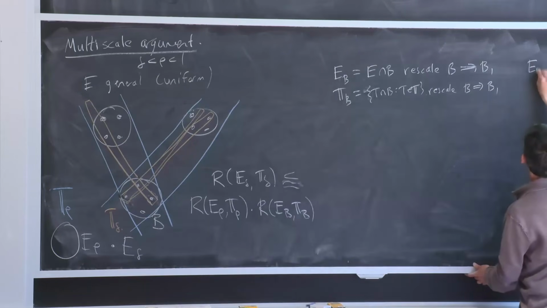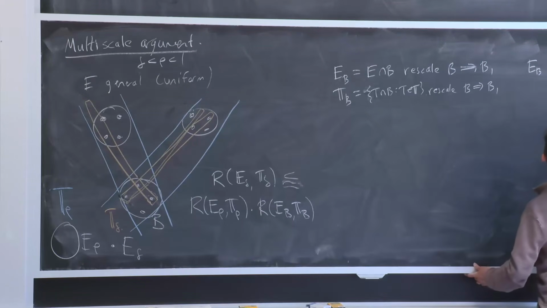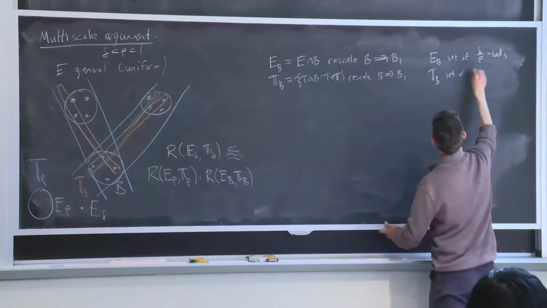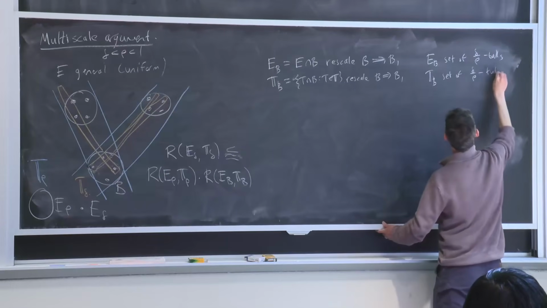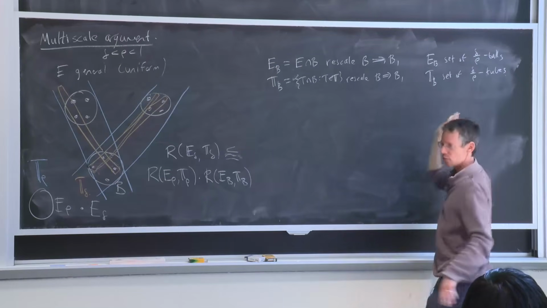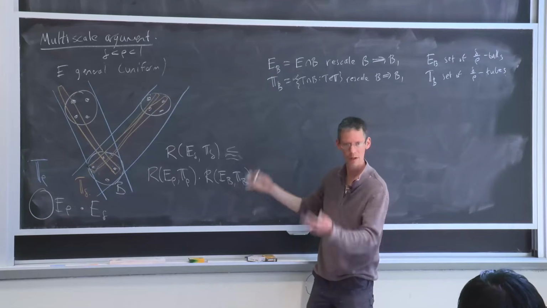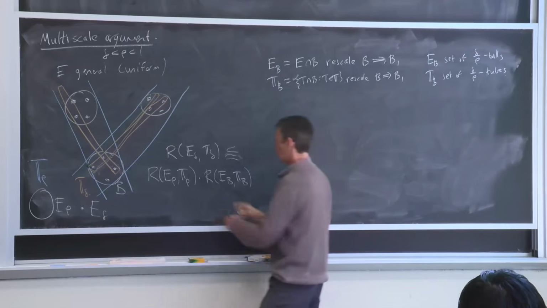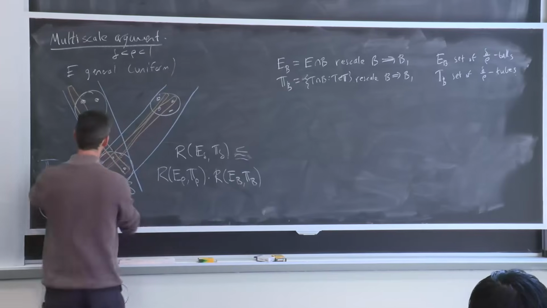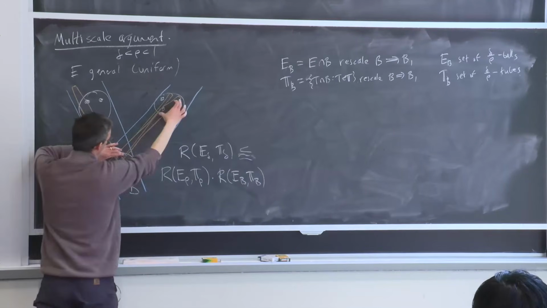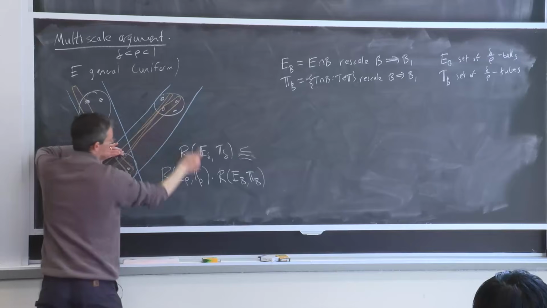So E_B is a set of delta over rho balls, and T_B is a set of delta over rho tubes. We do this rescaling so we can think of this as a case of our original problem. We can use induction. But this inequality is just how many delta balls are there in the orange tube? Well, how many rho balls does it hit, and how many delta balls are in each rho ball?